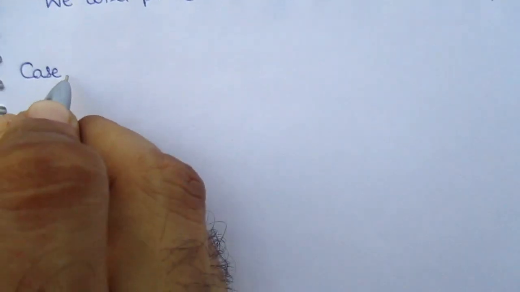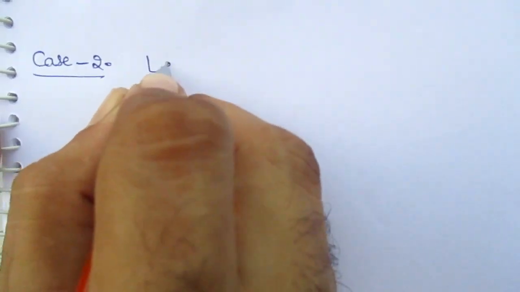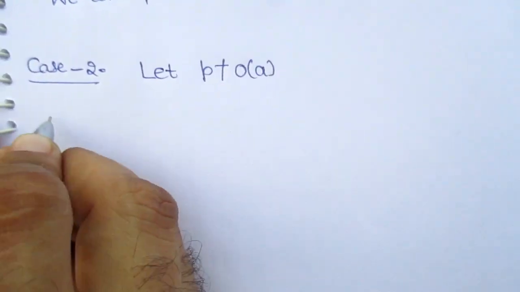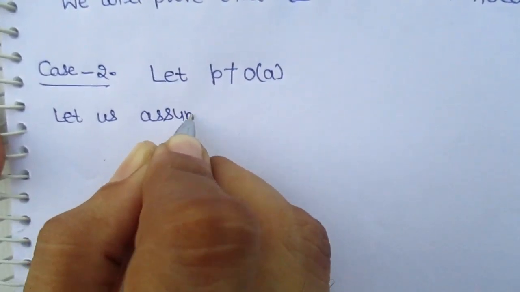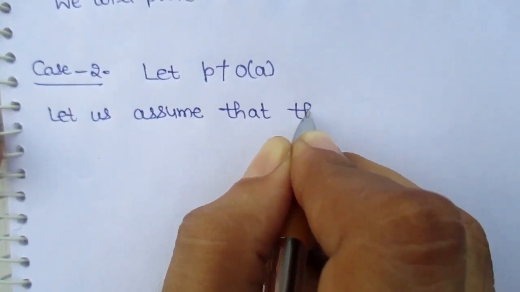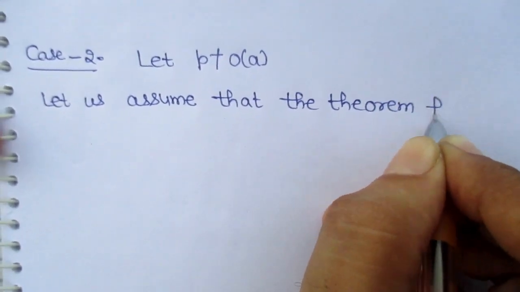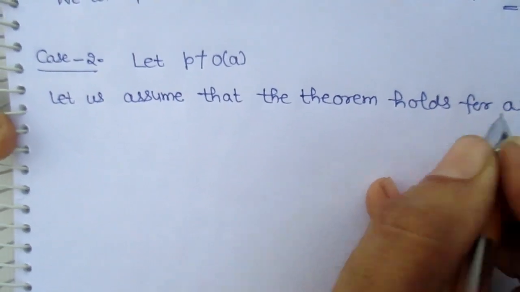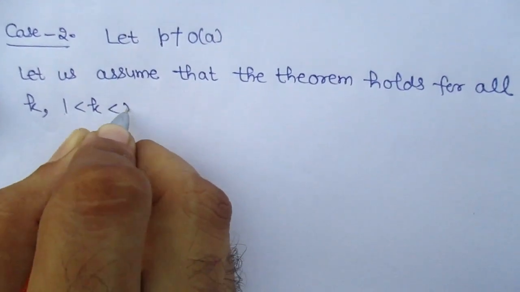केस 2 कर रहे हैं. Let P not divide order of a. Let us assume that the theorem holds for all k, 1 less than k less than n.